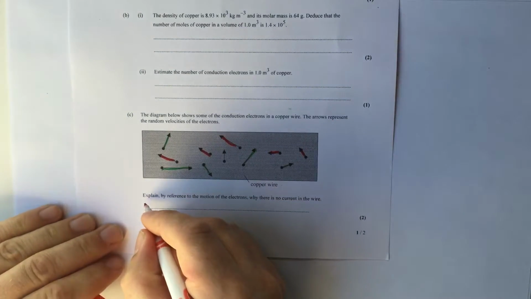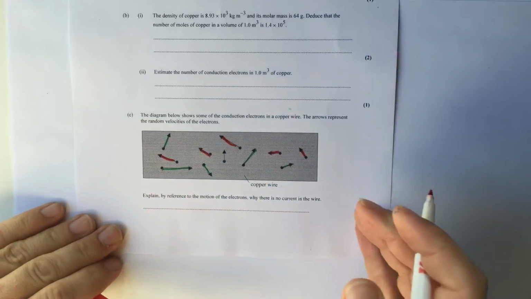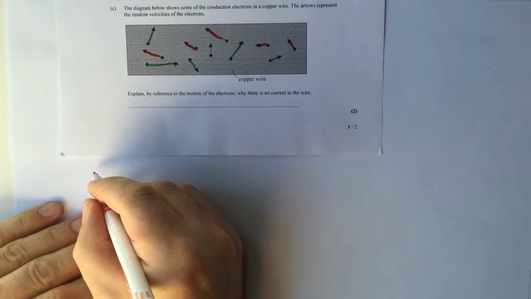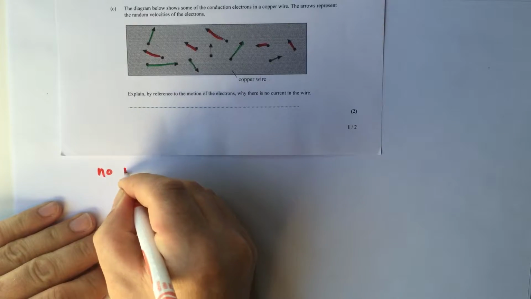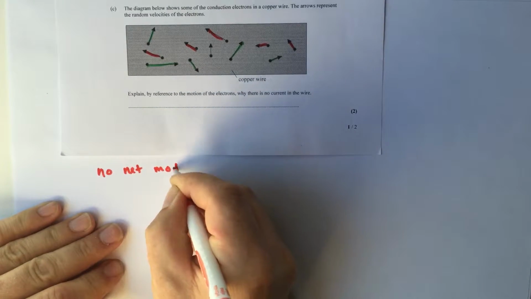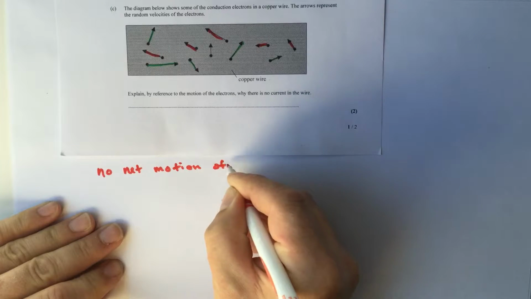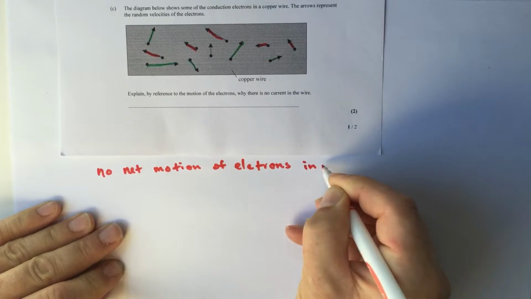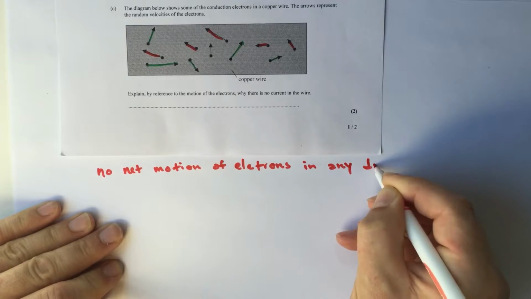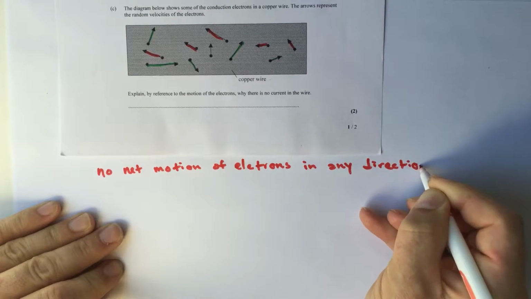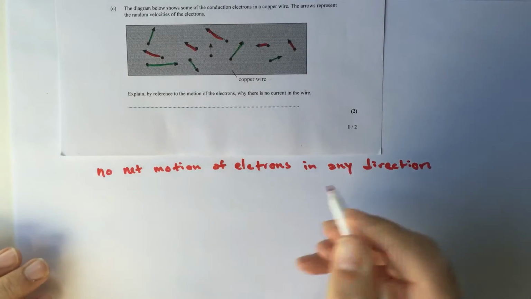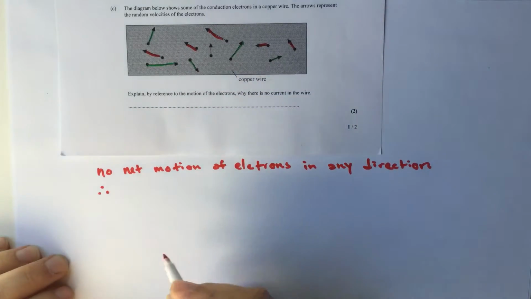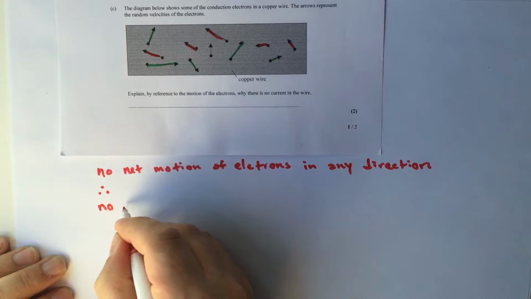So let's record some of those ideas here. We said there's no net motion of electrons in any direction, and therefore, there's no transfer of charge.